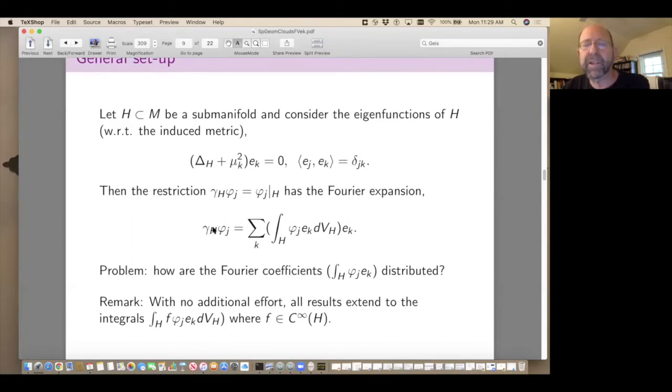We just restrict the eigenfunction and expand it in terms of the eigenfunctions of the submanifold. And our question is, how are these Fourier coefficients distributed? I should mention that when I say Fourier coefficient, we can put a test function inside the inner product of the restriction of phi j and the restricted eigenfunction as well, with no change in anything.